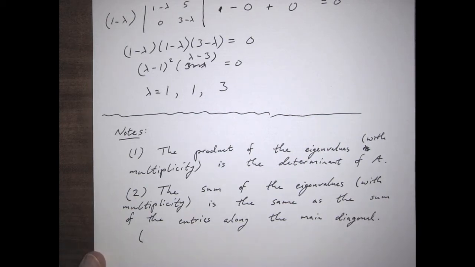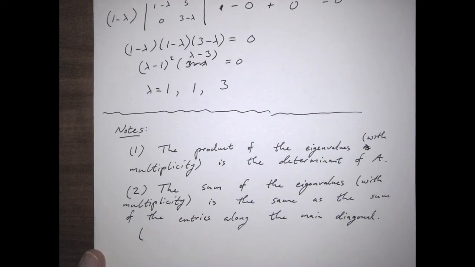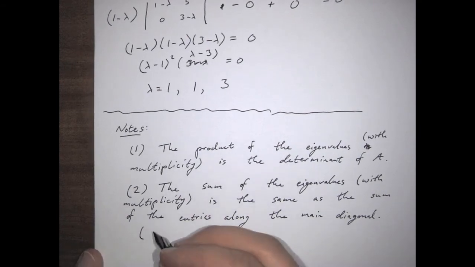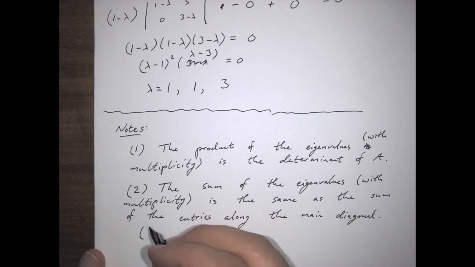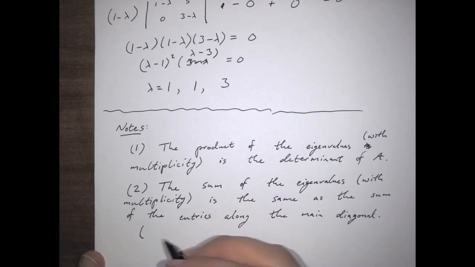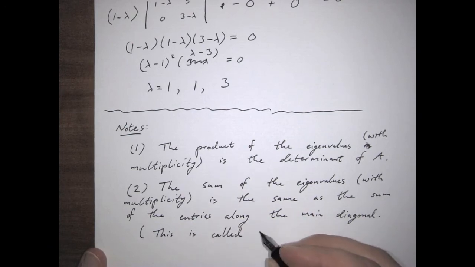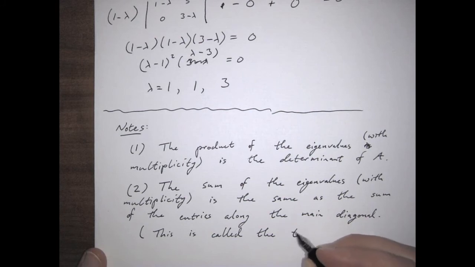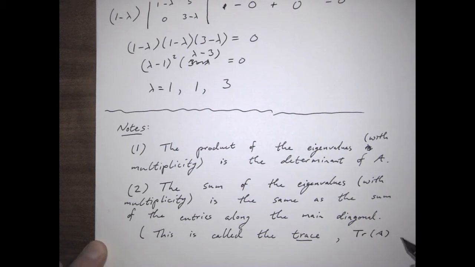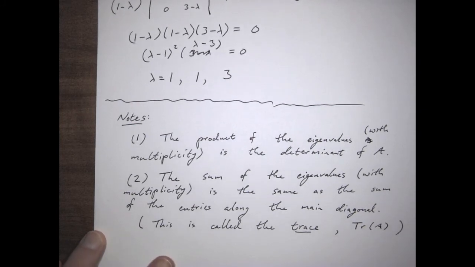And this shared number that is the sum both of the eigenvalues and of just the entries along the main diagonal is called the trace. It's easy to see why this would be in a triangular matrix, but it's not so easy to see why it would be in any others. You write it just trace, TR of A.